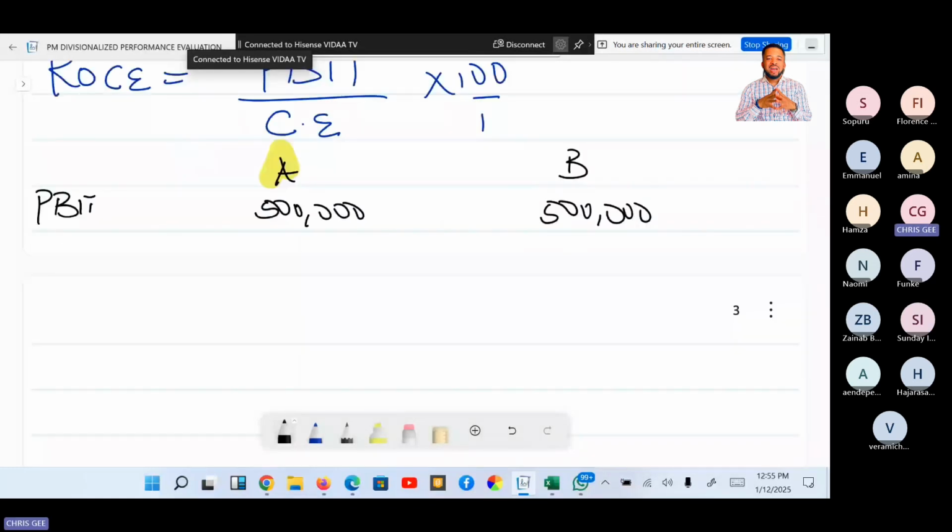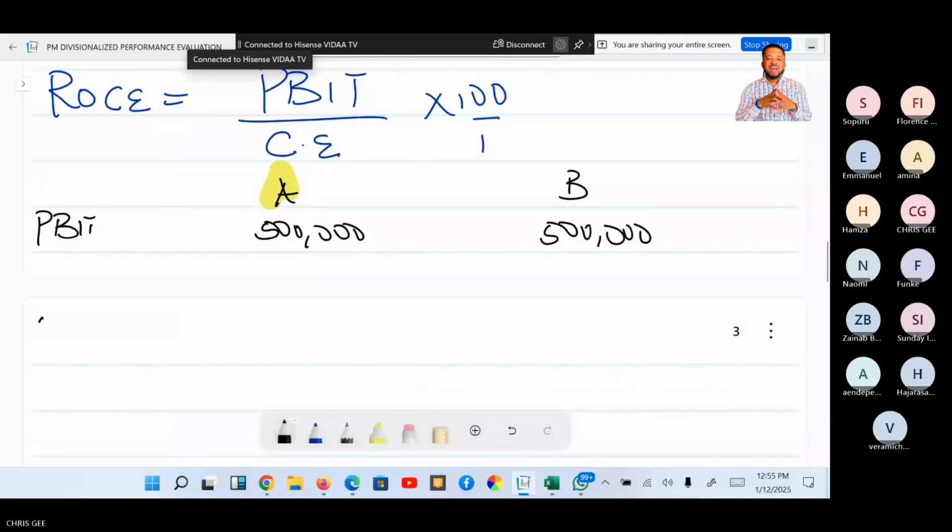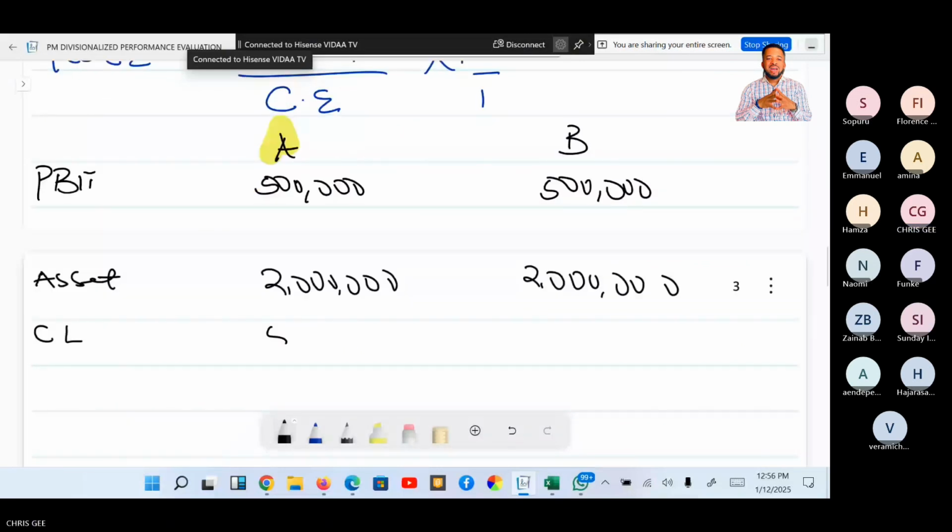And then I have their assets, 2 million here and also 2 million here, same size. And then you have their current liability, this one is 500 and this is also 500. Can I compute RoCE from this information?